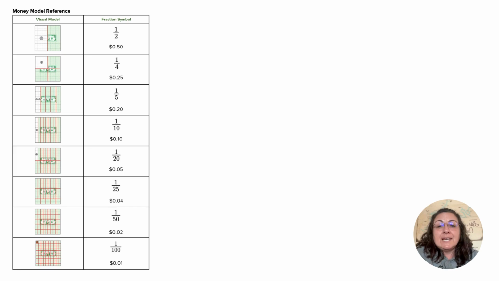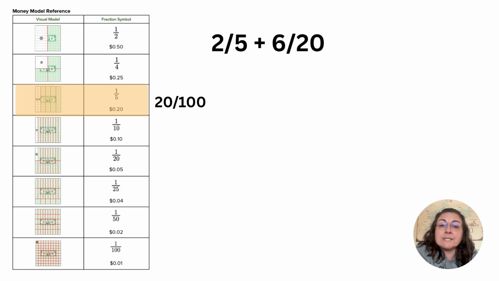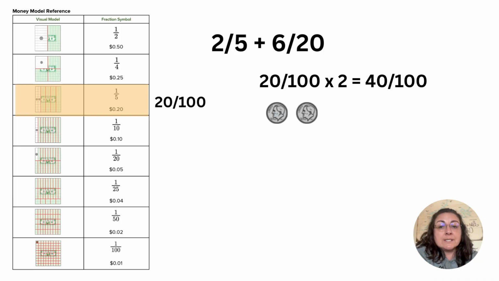Let's practice a couple more addition and subtraction problems using the money model. If you're ready to try these on your own, press pause and then finish the video when you're ready to check your work. In the first one, we have 2/5 plus 6/20ths. Knowing that 1/5 is 20 hundredths, then 2/5 is twice as much, so 40 hundredths.